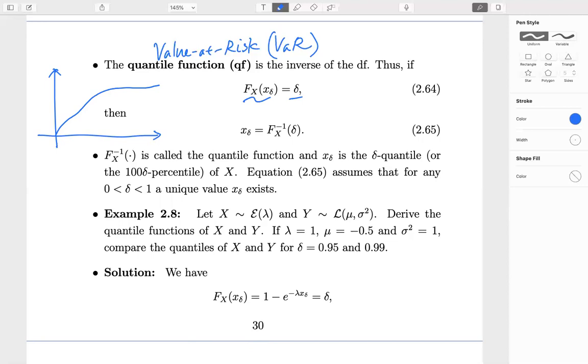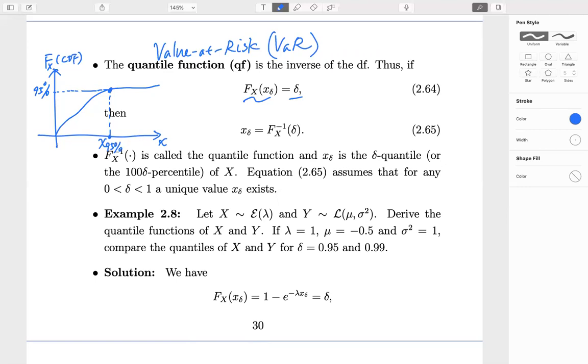Let's say I want a big probability, say 95%. Then the intersection goes to here, which is x. This is the CDF, and this point is the quantile of 95%.